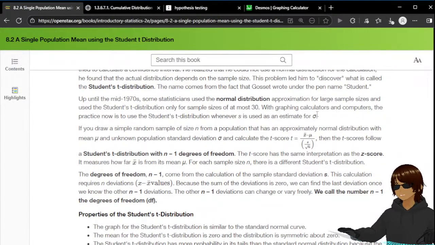or population standard deviation. If you draw a simple random sample of size n from a population that has approximately normal distribution with mean mu and an unknown population standard deviation sigma, and calculate the t-score, t is equal to x bar minus mu over, what is this?